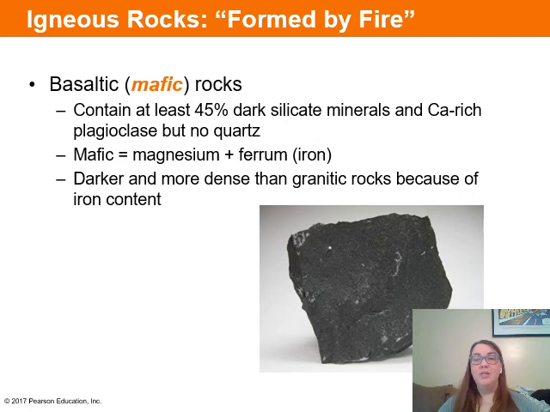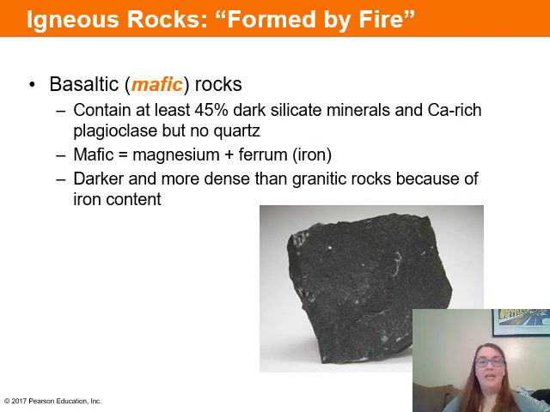Again, these are the ones that are going to be very dark in color, and they're also going to be a lot heavier because they have metals inside of them. So here we're calling these mafic because they have a lot of magnesium and iron. Ma for magnesium, Fi for iron, or ferrum, a very specific type of iron.